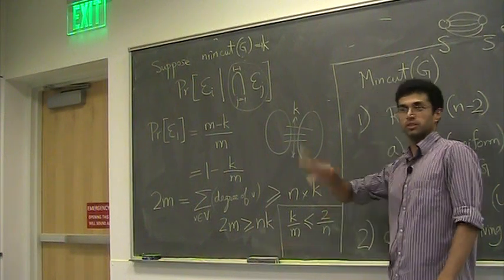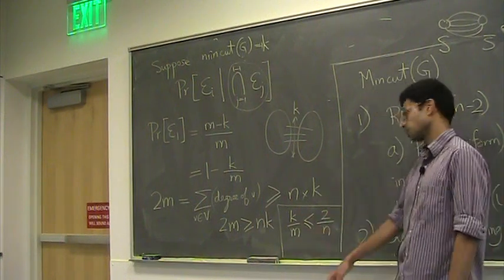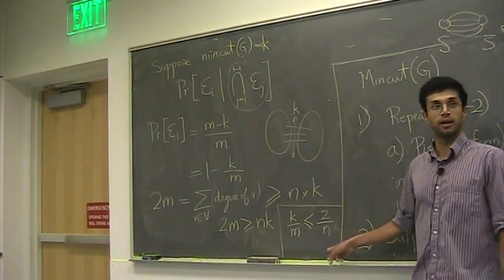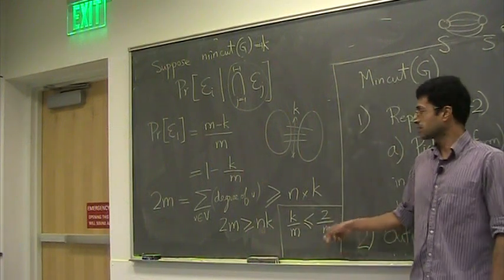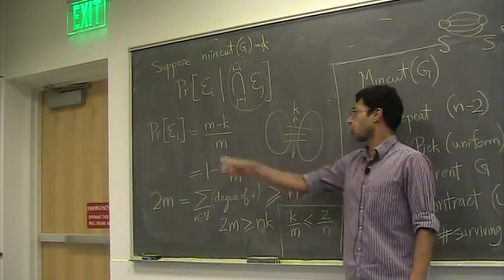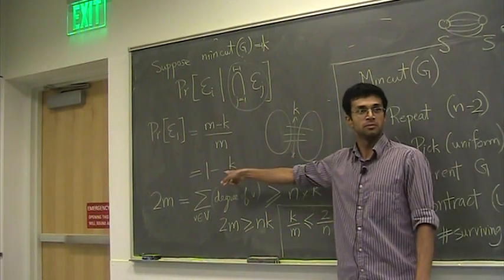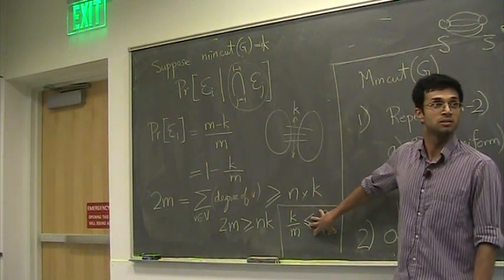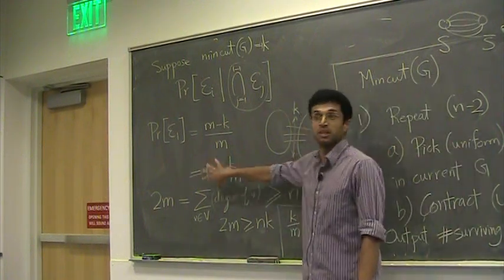So at this point, actually, we don't even need probability. All we need is some arithmetic. I'm just saying k divided by m is at most 2 divided by n. And the probability is 1 minus k over m. So this thing is really small, which means this thing is really big.